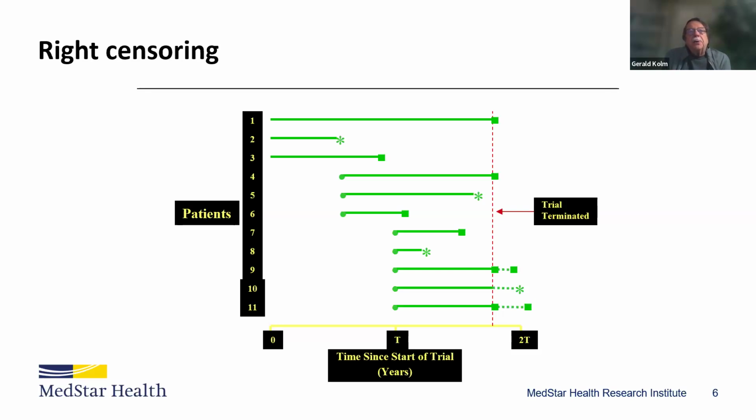So even though patients are entering at different times, when we do the statistical analysis, everyone is sort of moved to starting at time 0, and then whatever their follow-up time is, we can use that information in the analysis, even if they're lost to follow-up before the end of the trial.